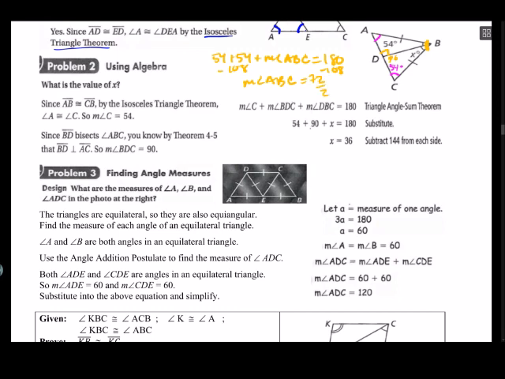And then if I divide that in half because it is bisected, we get x equals 36 degrees. Hey! So it doesn't matter. This is just triangle angle sum theorem. Doesn't matter which way we do this. Thank you, geometry, for giving us multiple ways to answer each question. So we can use our awesome theorem, or we can just use our isosceles triangle theorem and triangle angle sum theorem.